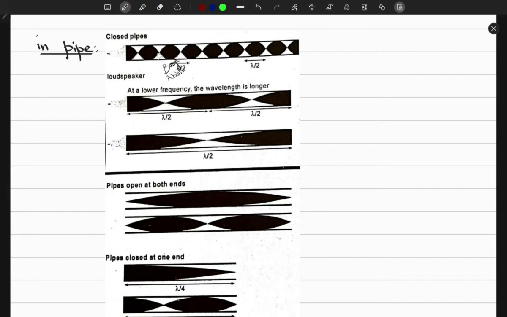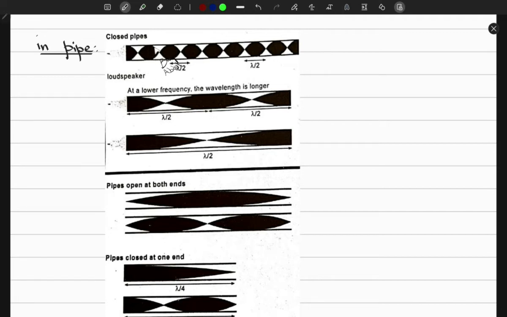However, the distance from a node to an antinode is half of that half wavelength, which is just lambda by 4. If we look at this figure, where we have the maximum amplitude, it shows the maximum pressure being varied and minimum motion of air in that part.